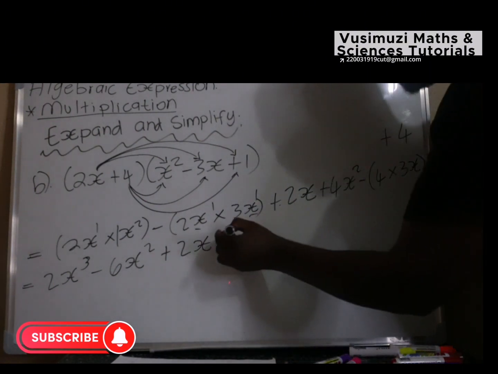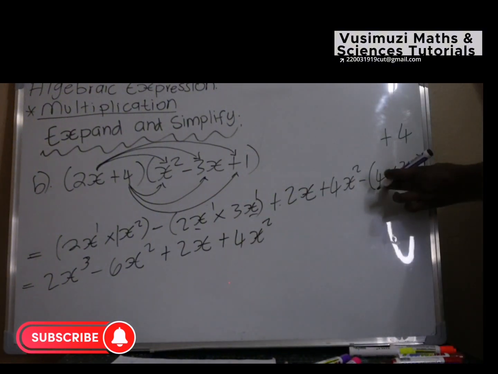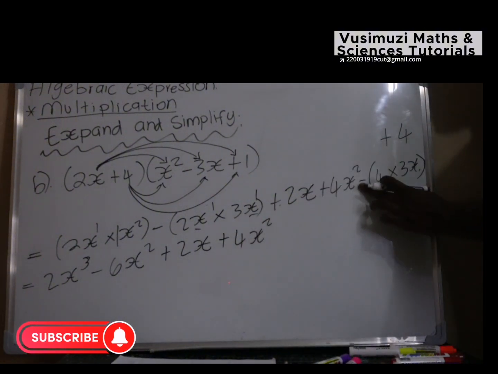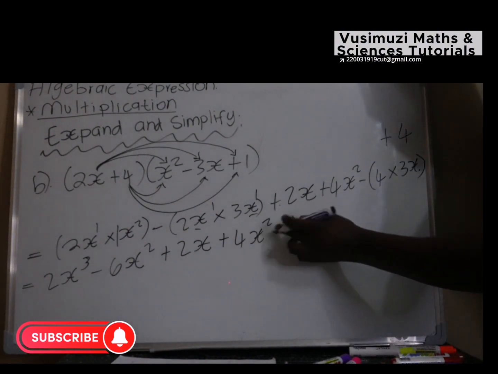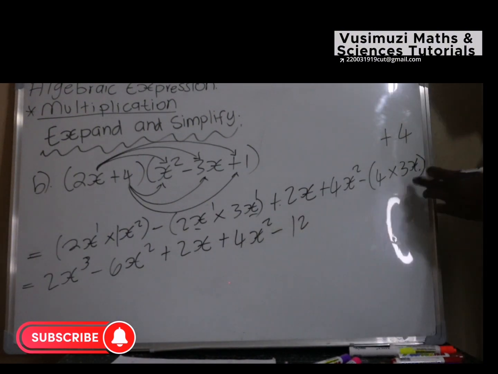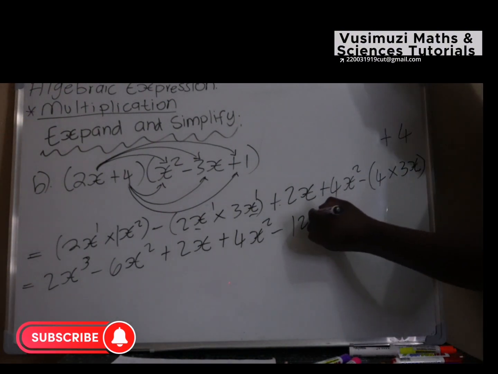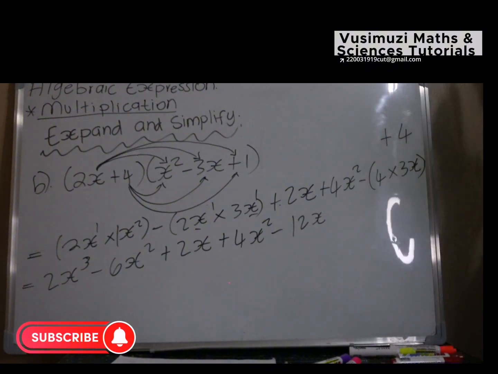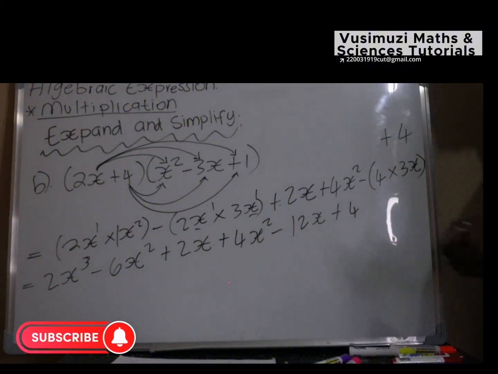Then you've got 4x squared, you bring down 4x squared. You come to the next bracket, you bring down this negative. 4 times 3 is 12. This x has no like term inside this bracket, so you bring down that x. Then plus 4.